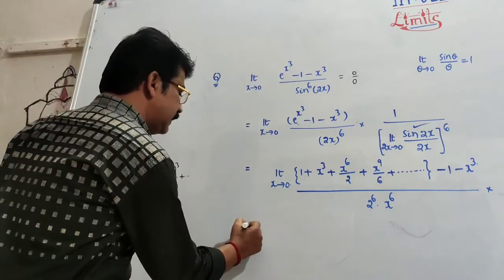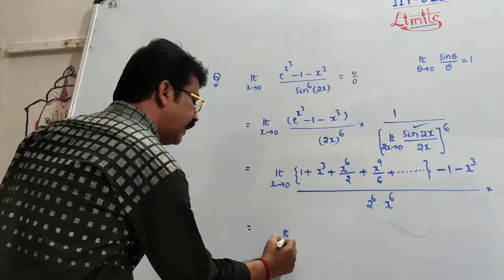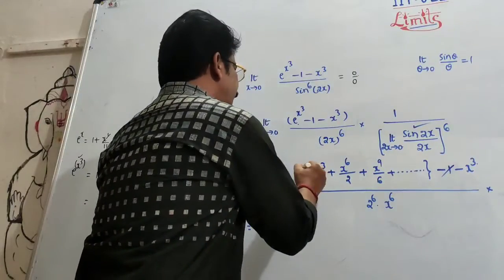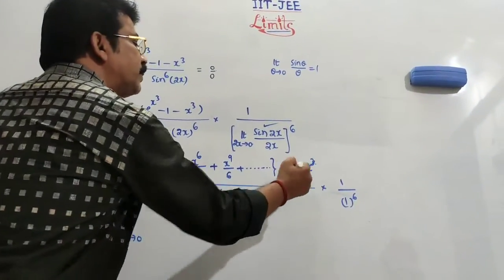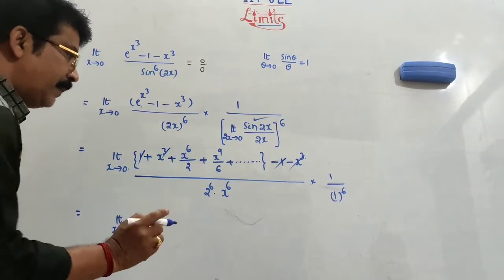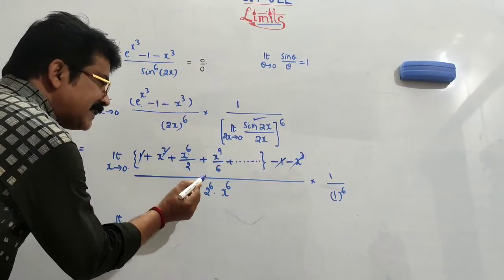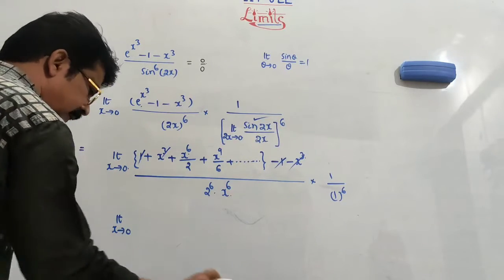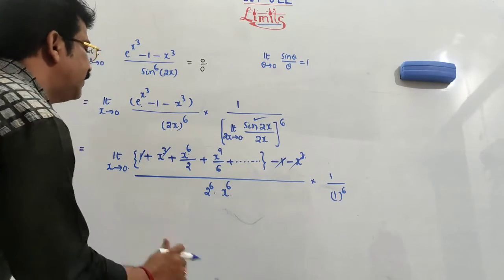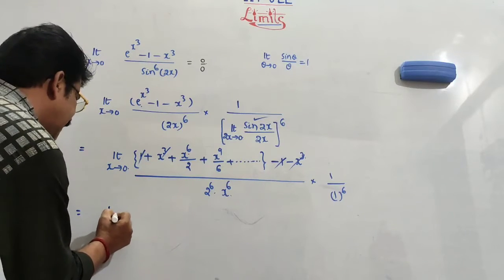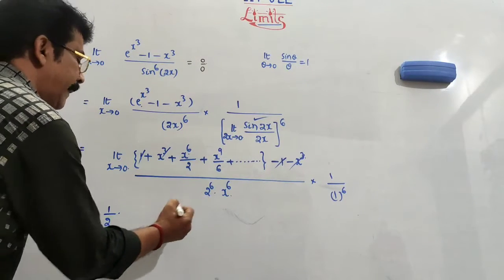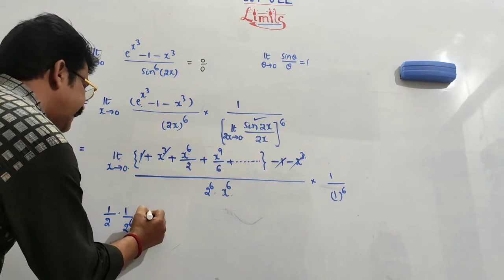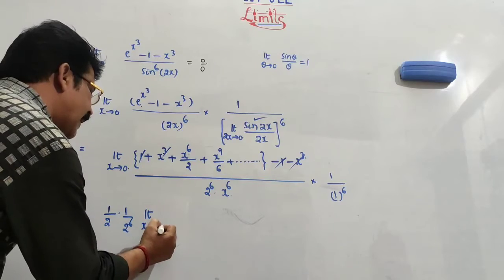So that is equal to limit x tends to 0. Minus 1 plus 1 cancel, again x cubed cancels. Remember, in the numerator x power 6 is there, and in the denominator x power 6 is there. So first I will take the constants: 1 by 2 into 1 by 2 power 6, and limit x tends to 0.